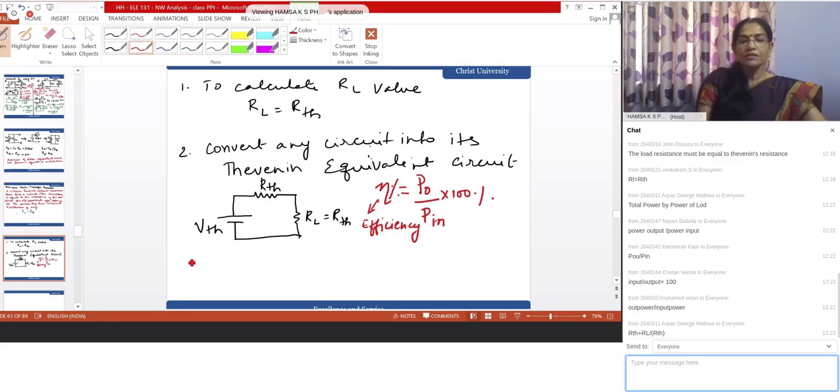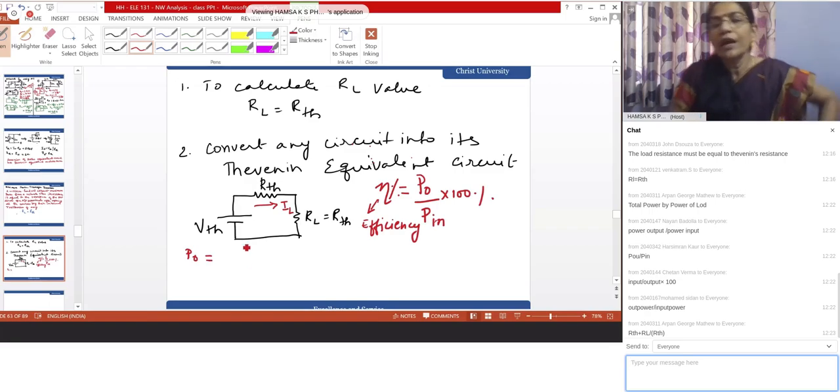So what is the expression for output power here? I will call this IL. Series circuit, same current will flow, right? So what is the current through RL? What is the expression for power?